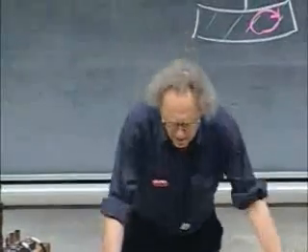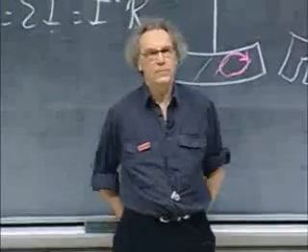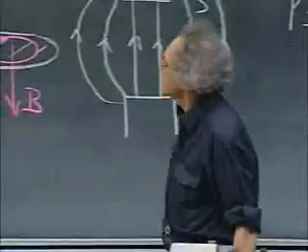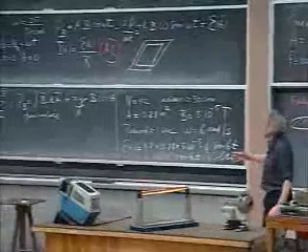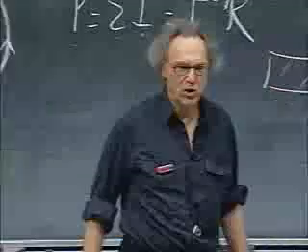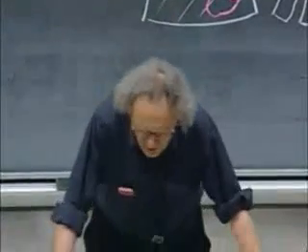So if I summarize, when we create an induced EMF and we run a current, we either have to change the magnetic field in time, or change the area in time, or change the angle theta, but we must make a change in the magnetic flux through an open surface.